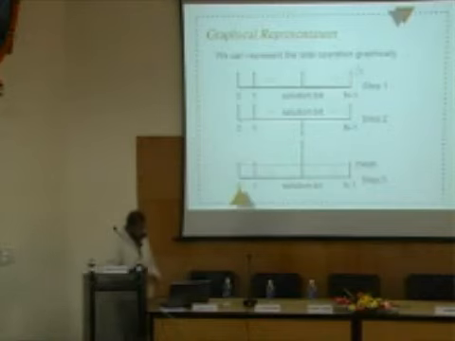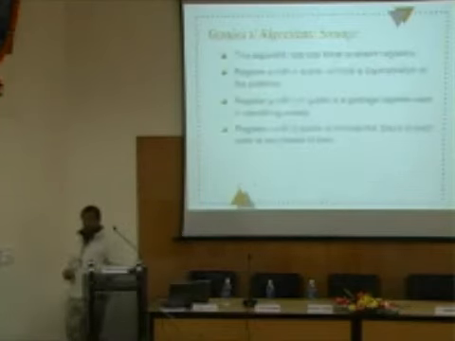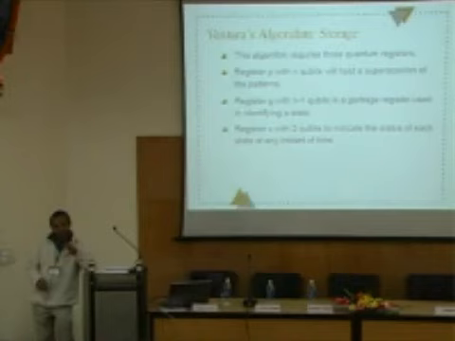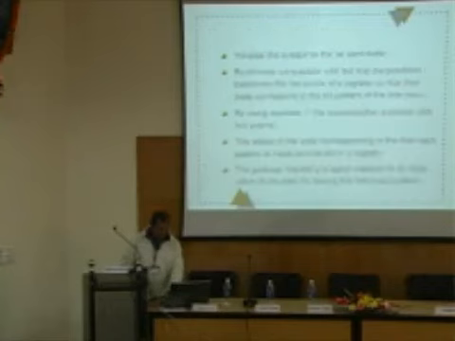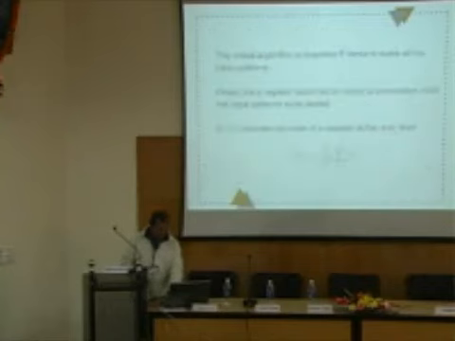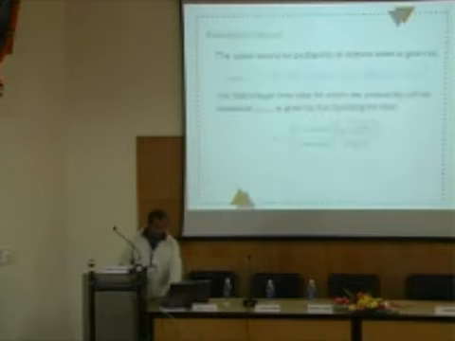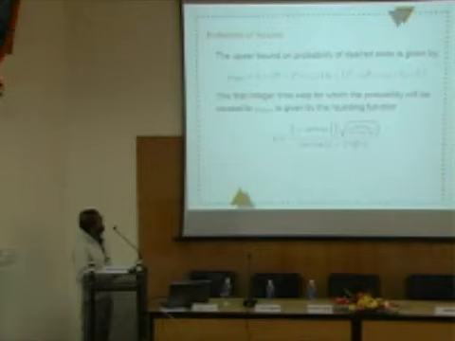So this is a graphical representation of Grover's algorithm, and the same thing we can use to design the quantum associative memory. I will not go into details of Ventura's algorithm. Ventura and colleagues were the first to design a quantum associative memory, and this is the upper bound on the probability of the desired state. This is their result.